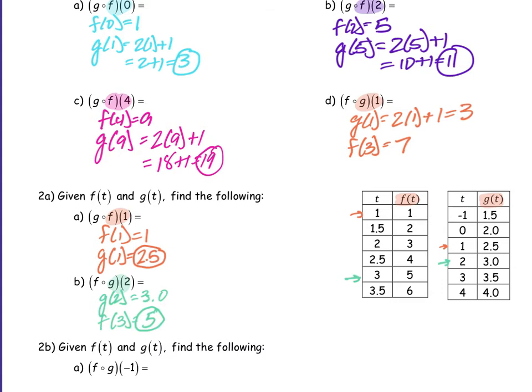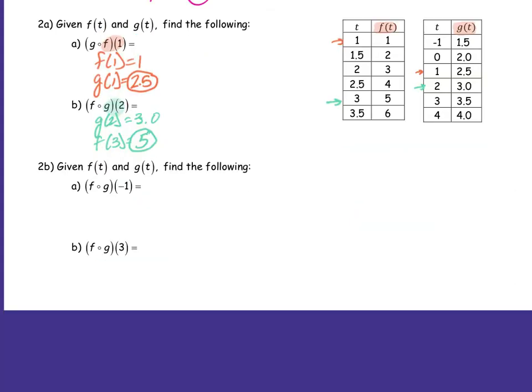Awesome. Okay, so now it's your turn again. So g of negative 1. Here we go. G of negative 1 is 1.5. And f of 1.5 is 2. So the second one is 2.